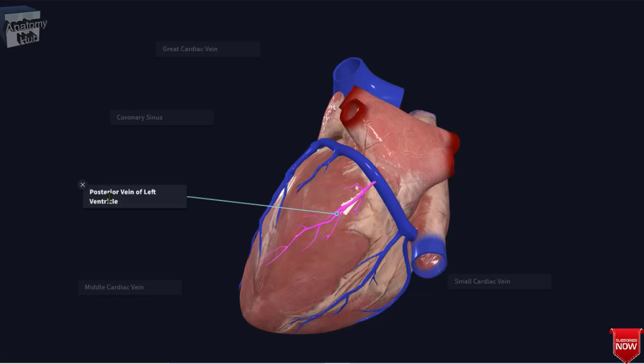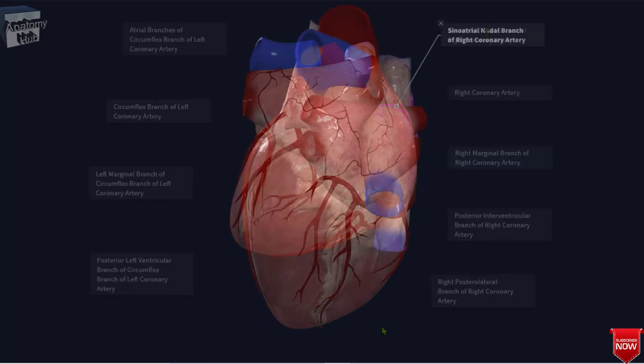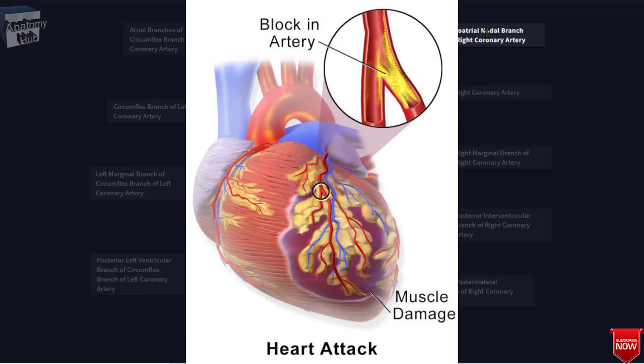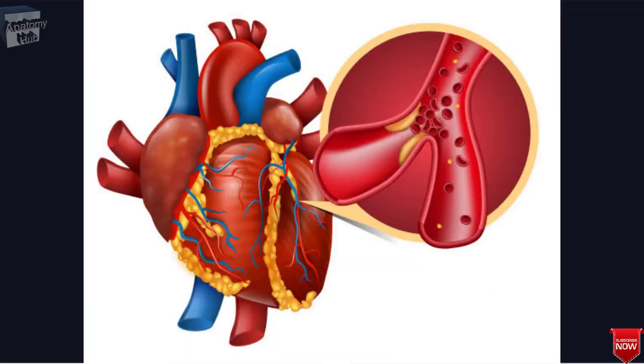So now we will study the distribution of coronary arteries. Coronary artery disease or coronary heart disease is a leading cause of death both in India and worldwide. It describes a reduction in blood flow to the myocardium and has several causes and consequences.